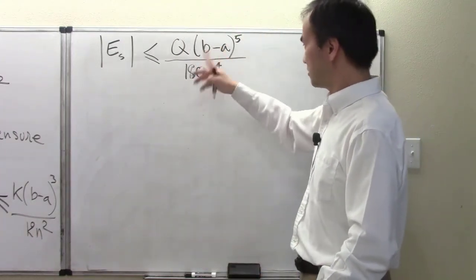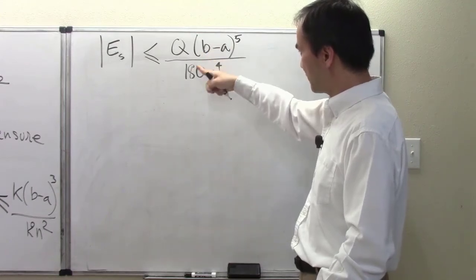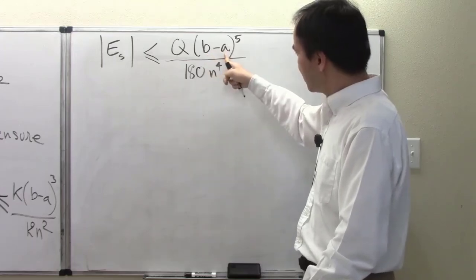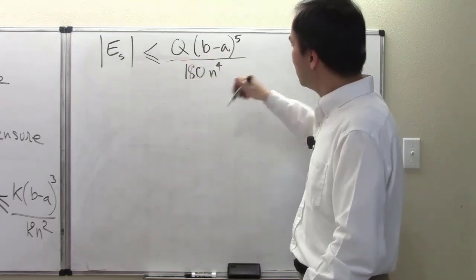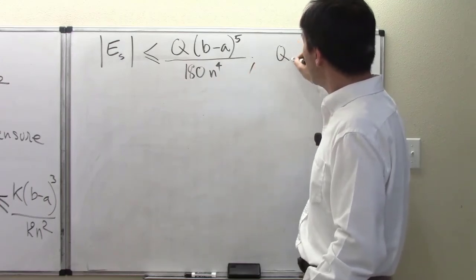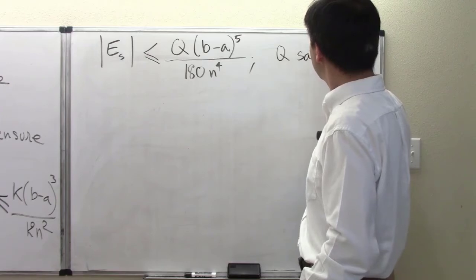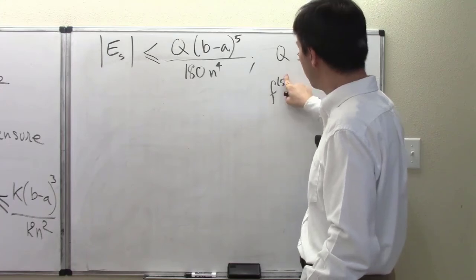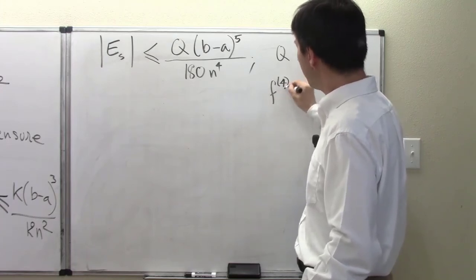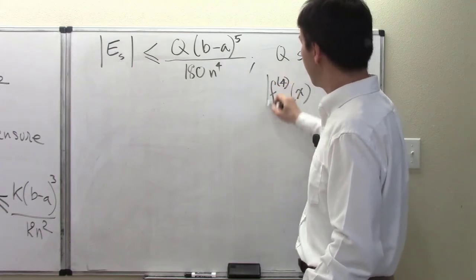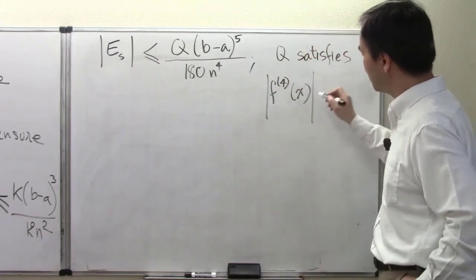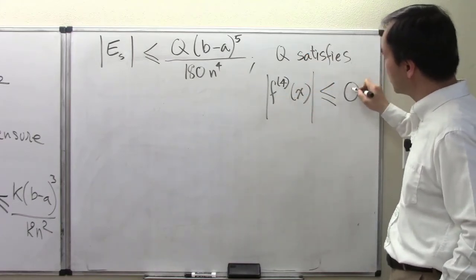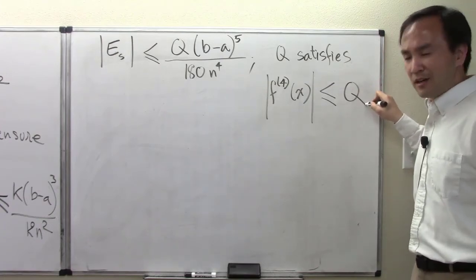There are quite a few similar understandings here. B is the final point of our integration interval, and A is the beginning of our integration interval. Q has to be a constant that satisfies the 4th derivative of the function f: in absolute value, the 4th derivative of f is less than or equal to Q. It's the same argument.